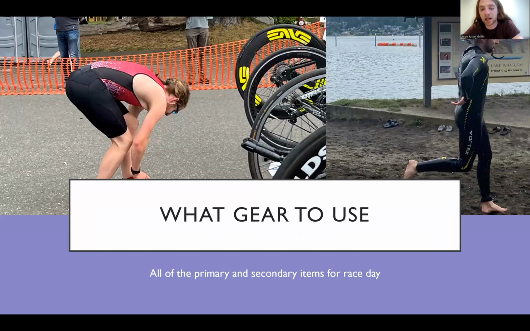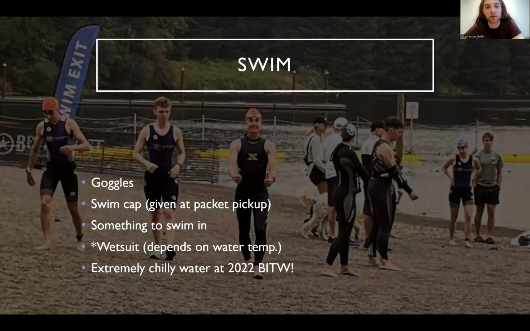Okay, so now getting on to the important section, because this is kind of daunting when you're first starting. For swim, I think this is a photo again at Best in the West. Obviously, you need goggles, something to swim in.